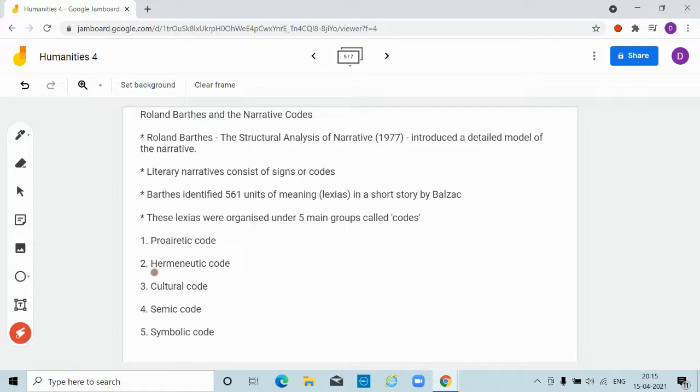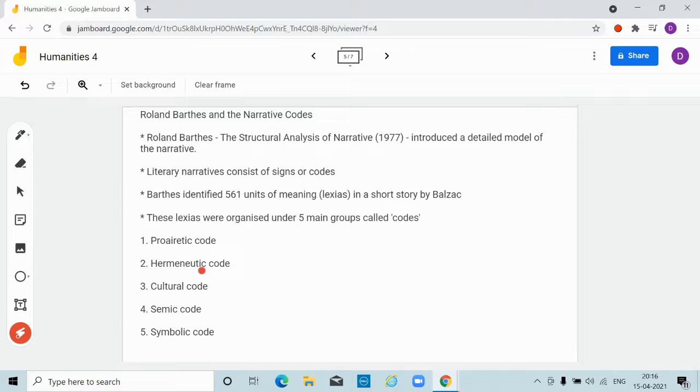The second one is the hermeneutic code. This code explains and informs the reader about details of a narrative: why a particular event happened, how the event happened, what really happened. For example, we'll stick to the king and the queen story. First, the king died, and second, the queen died.